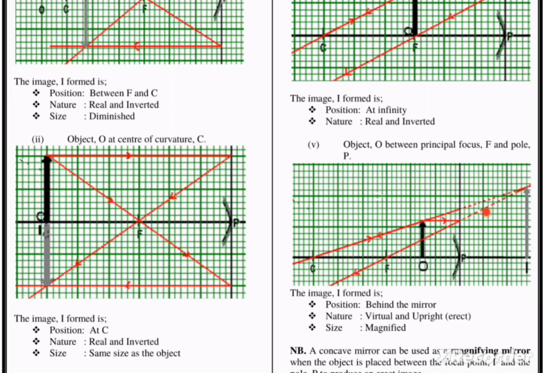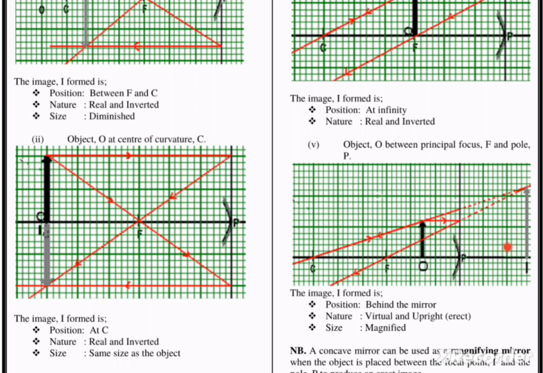And wherever two apparent rays meet, that's when you form a virtual image. In this particular case, the image that is going to be formed, first of all, is going to be magnified. We are able to see that the size of the image is bigger than that of the object.